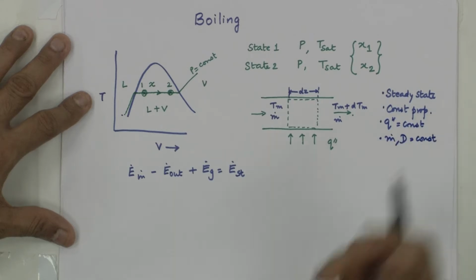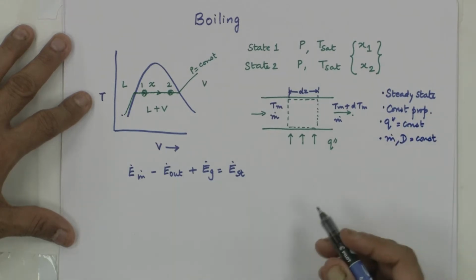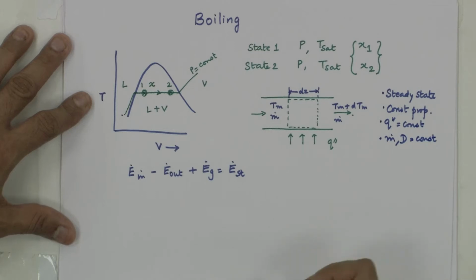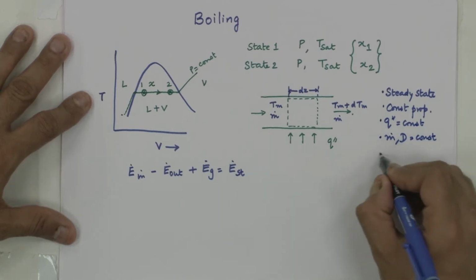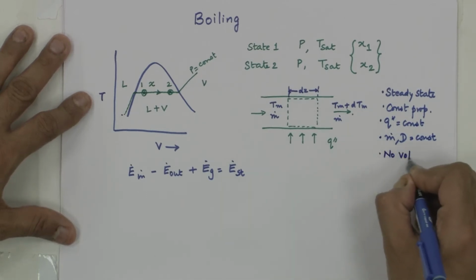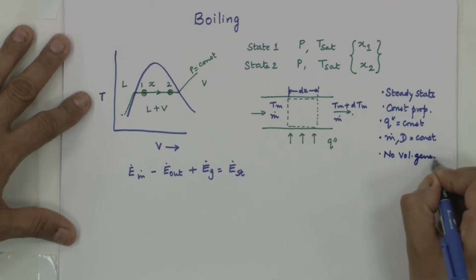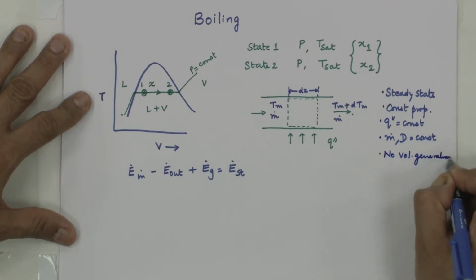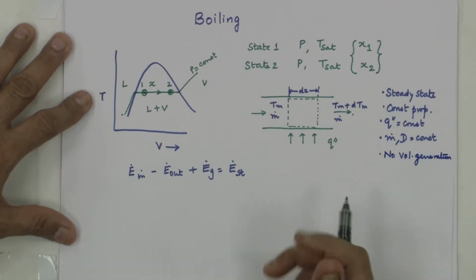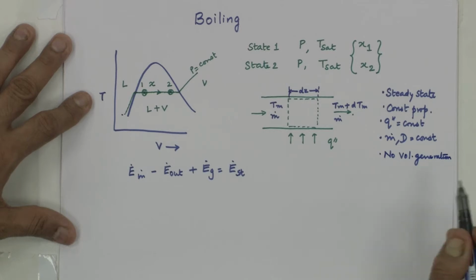This is a circular pipe, or you can have any cross section, the flow area is constant, basically mass flow rate is also constant. No volumetric heat generation, by that I mean you do not have chemical reactions or some kind of exothermic stuff where you are going to have additional heat generated.